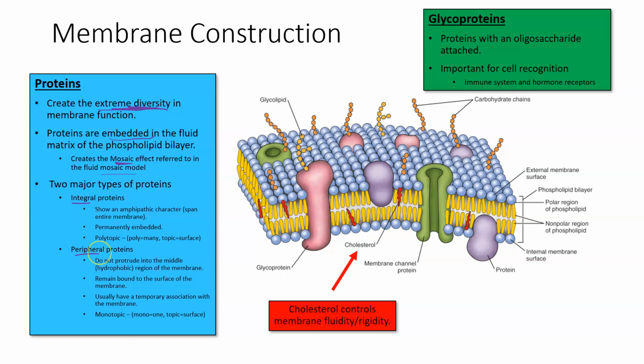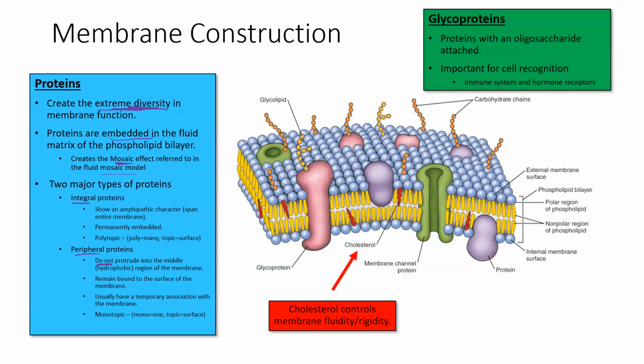Peripheral proteins are just like what it sounds like, the periphery. Your peripheral vision is the vision you have on the sides of your head, the extreme outside of your vision field. So when you refer to proteins as peripheral, these are the proteins that do not protrude through or into the middle of the membrane.